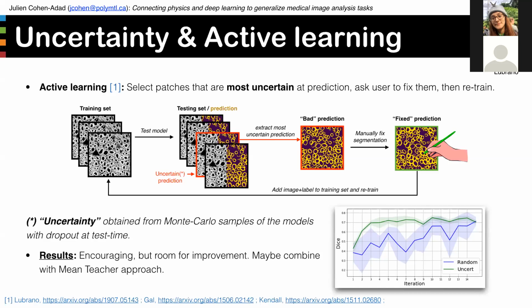But what's interesting is that in blue, there are the results when patches are randomly selected, whereas in green, this is the result when patches are selected using the uncertainty information. So it shows that after only 2 to 3 iterations, the performance of the model almost plateaus.